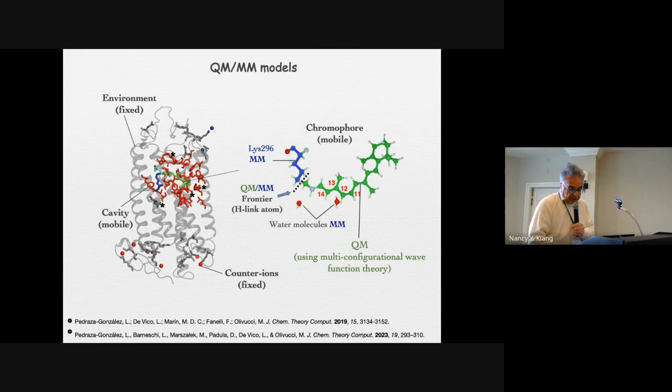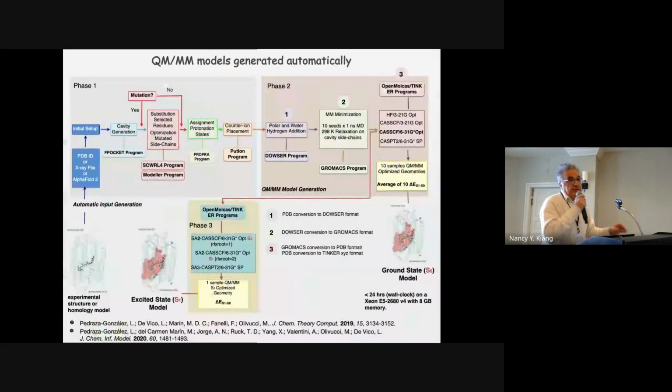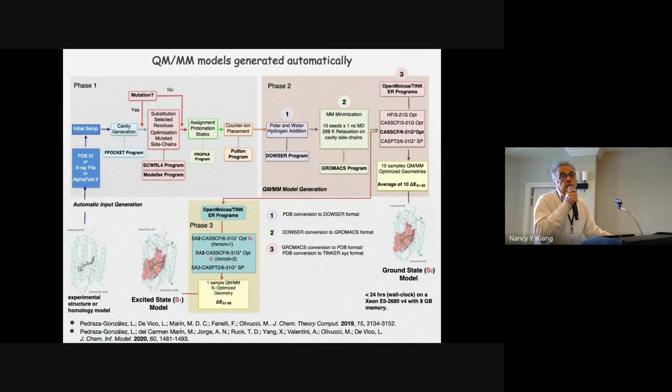This is why about 8 years ago, we decided to basically build a new machine, which produces this type of model automatically. Automatically means that those models are not produced by humans, but are produced by a computer program. And you can see here the flow chart of this program.